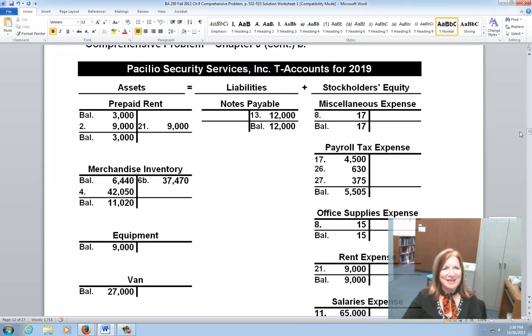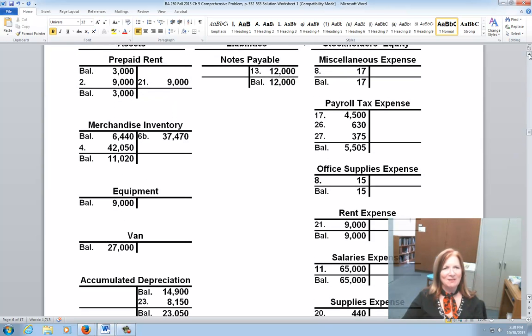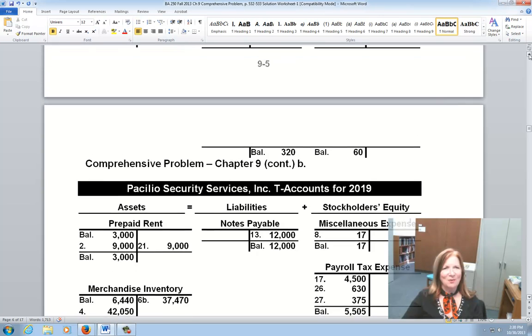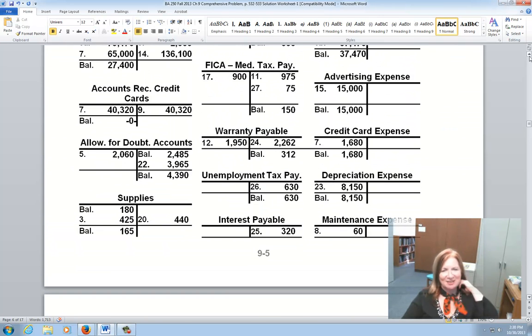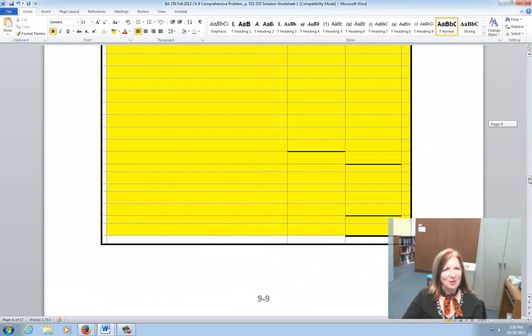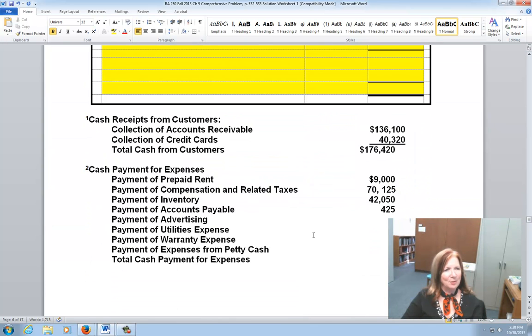It starts with an A, so I think it's going to be towards the top. And now I'm looking for advertising. So here we go, maintenance, depreciation, credit card, advertising, $15,000 for advertising. So I'm going to come down here and put in advertising.